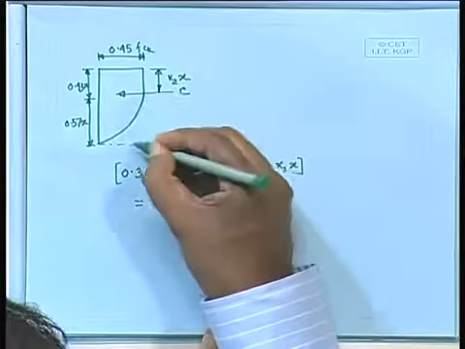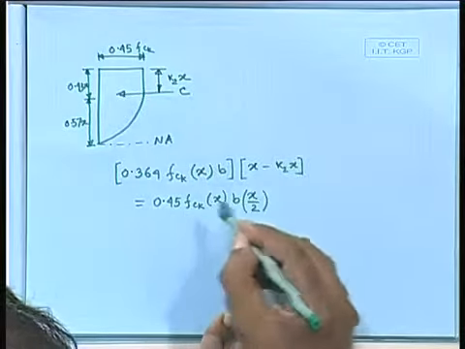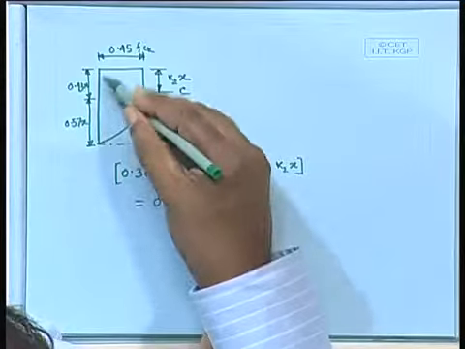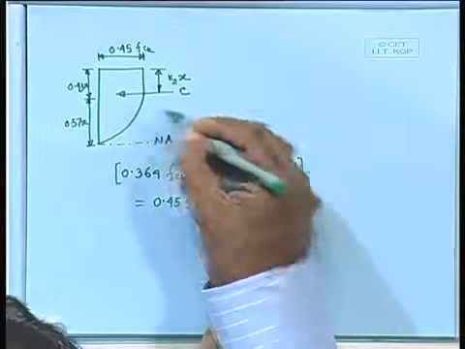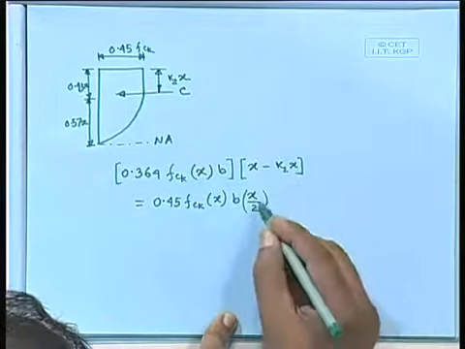The total rectangle 0.45 fck times x, the total rectangle, and CG width and x by 2.